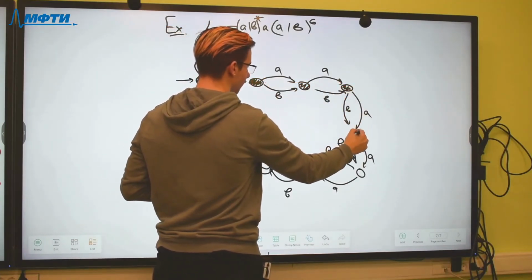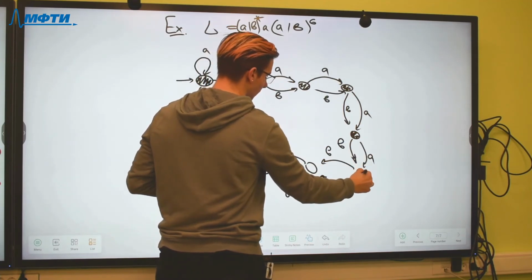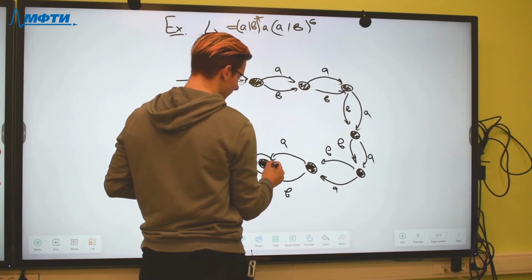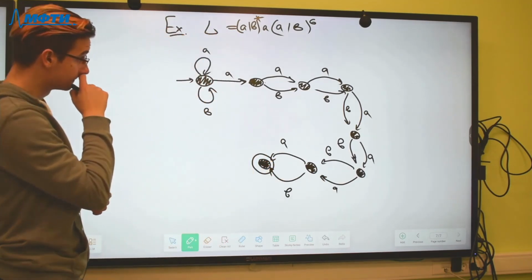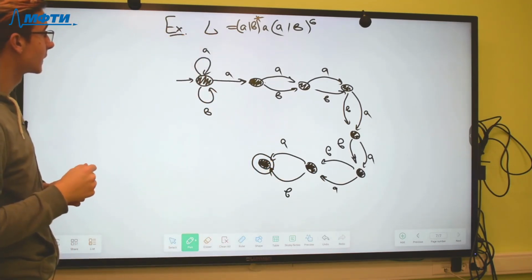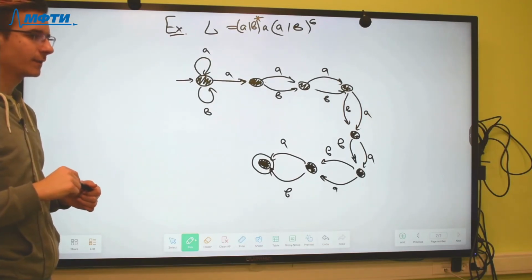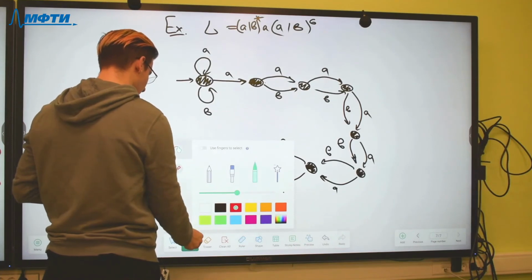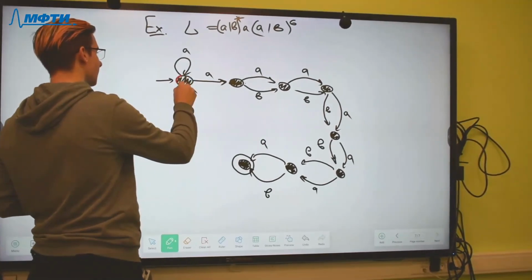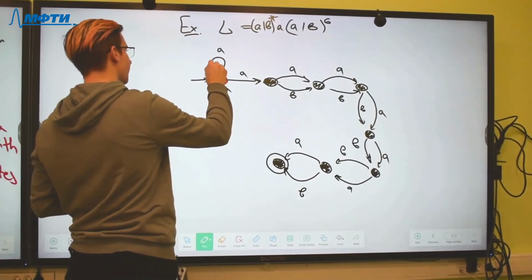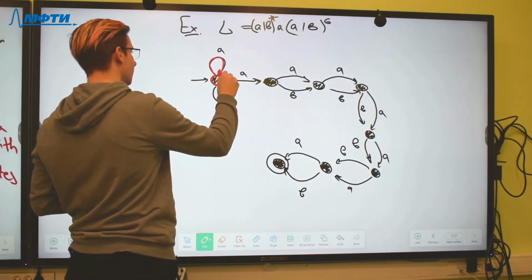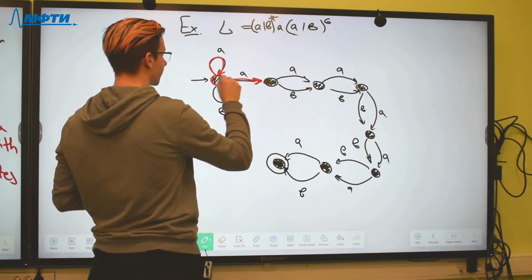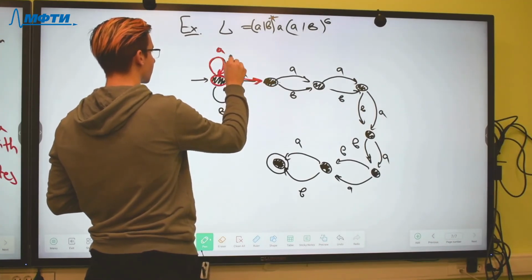Okay, and we can see that it is an NFA, because for this vertex we have two different edges that start with this vertex with the same character.